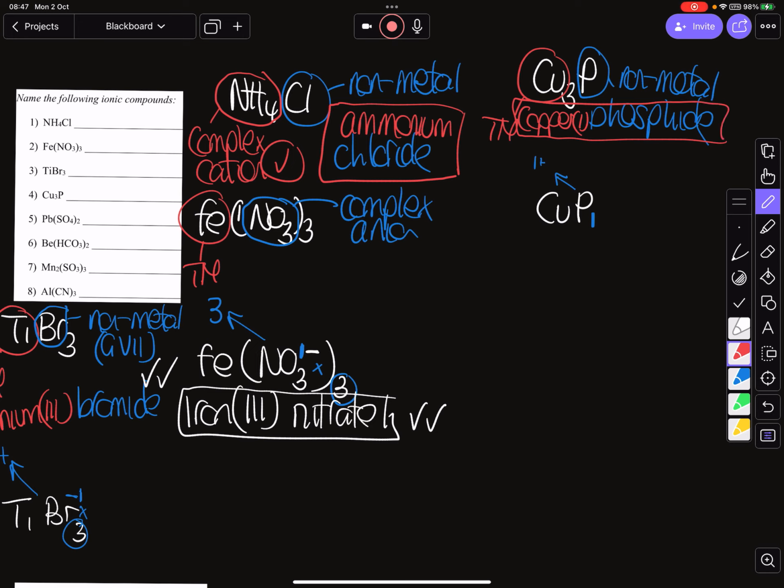Our next one is going to be Pb(SO4)2. So Pb is a transition metal, so it's going to have variable valency, Pb being lead. Inside our brackets, we know we have a complex anion.